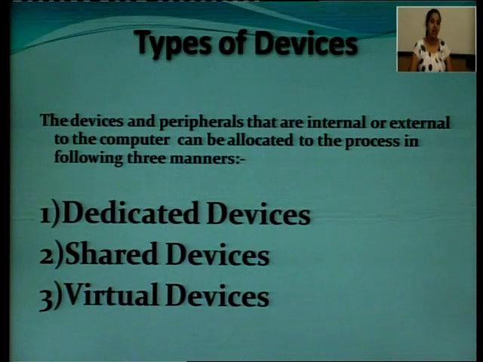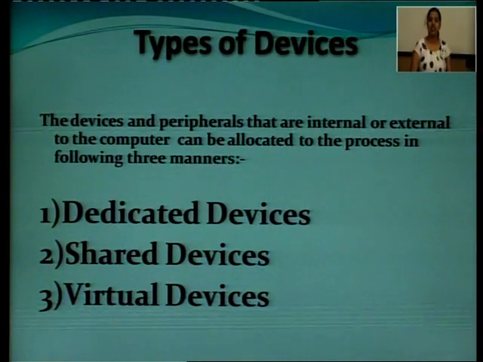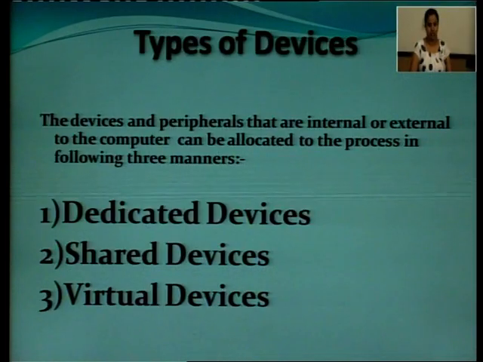Dedicated devices are those devices which are dedicated only to a particular operation, a particular task. They are the property of only one of the tasks, and only one can use them. And shared devices are those devices which can be used by many applications.